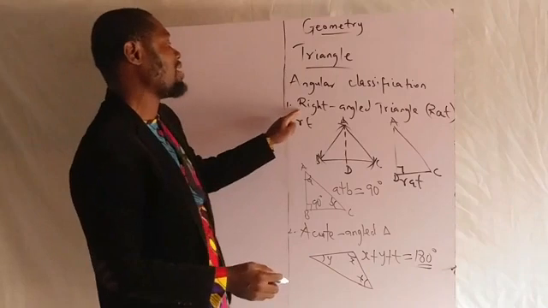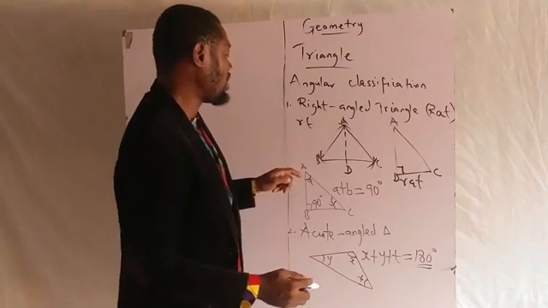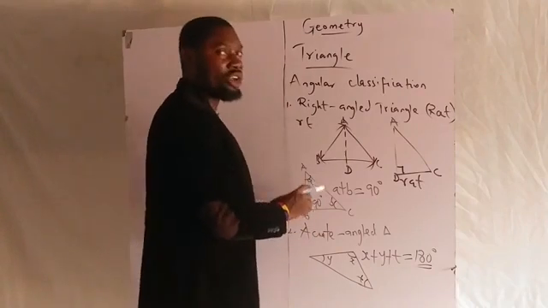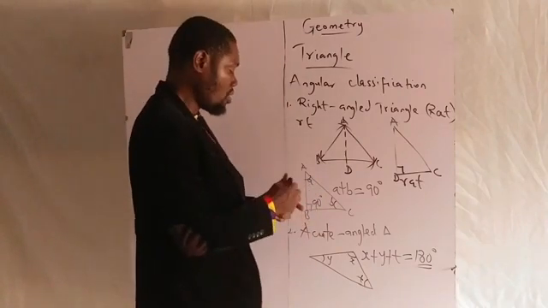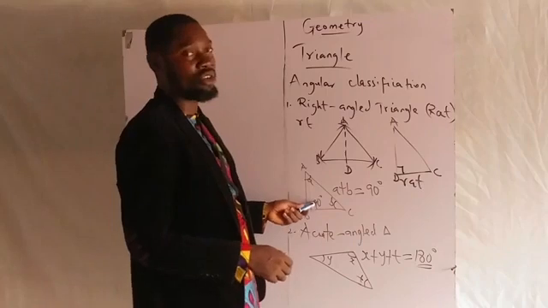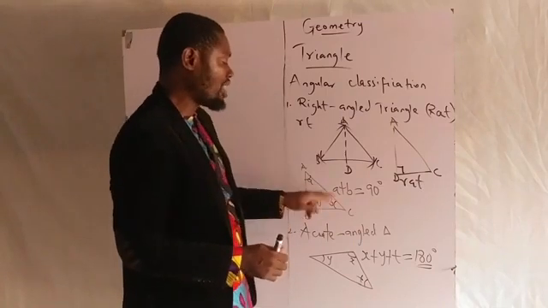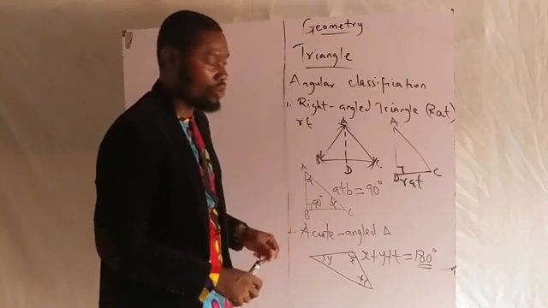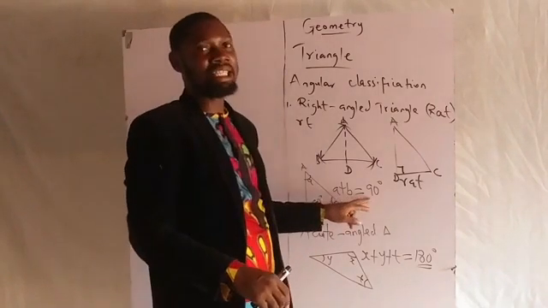But for a right angle triangle, one of the angles is 90, but that is not actually considered. We are not concerned with this right angle, but if you add the two given interior angles in the right angle triangle, what you have is 90 degrees.